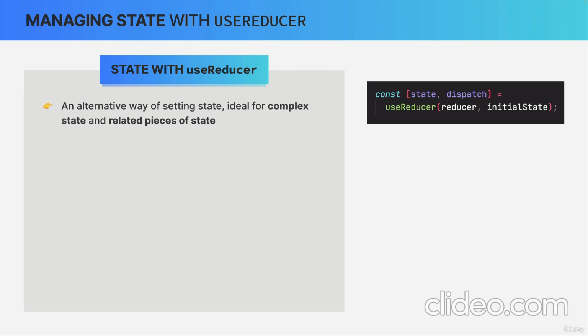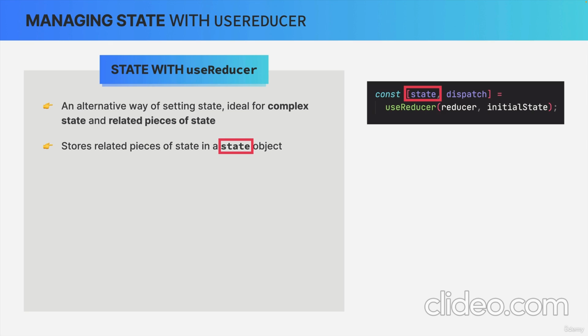So we call useReducer with a reducer function and its initial state, and it returns a state and a dispatch function. So, starting from the beginning, when we use useReducer, we usually store related pieces of state in a state object that is returned from the useReducer hook. Now, it could also be a primitive value, but usually we use objects.